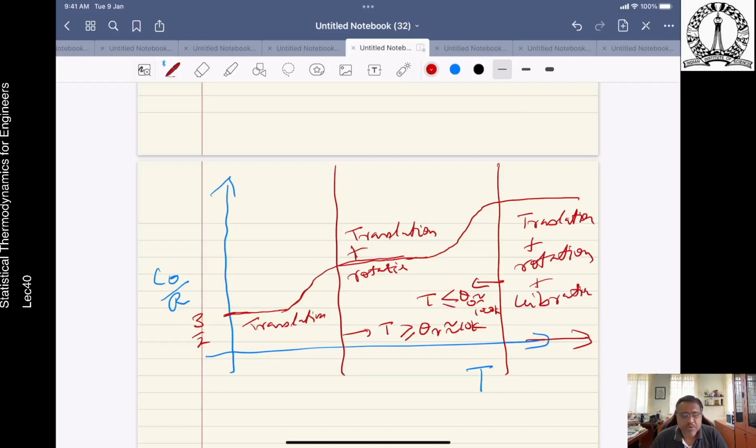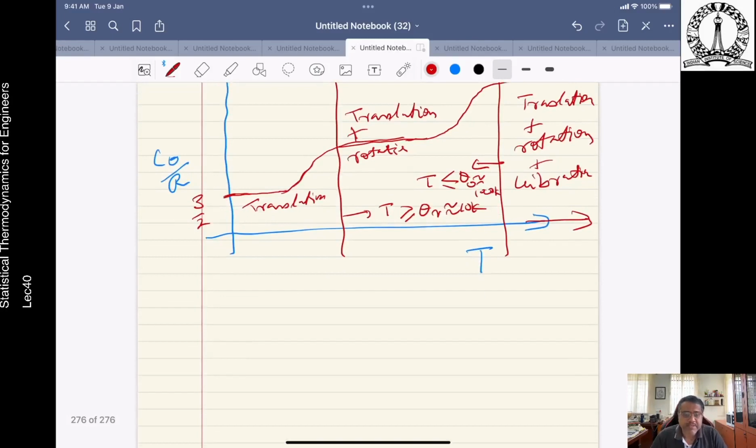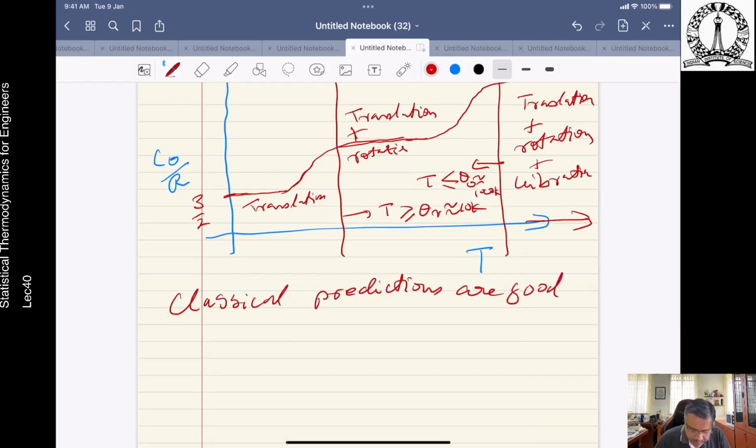So what did we learn? The classical predictions are good for monoatomic gases. That is the first point.